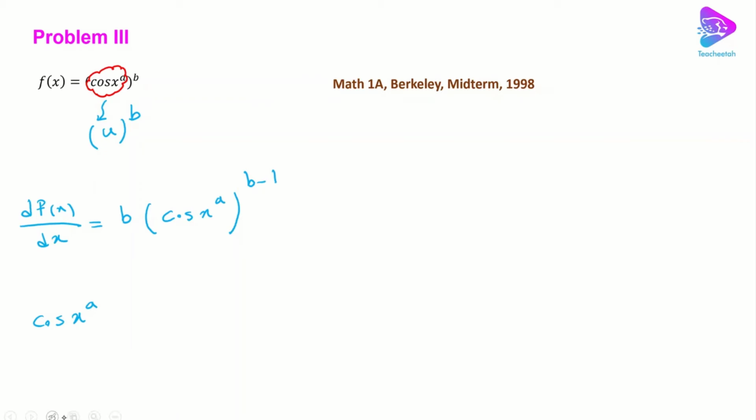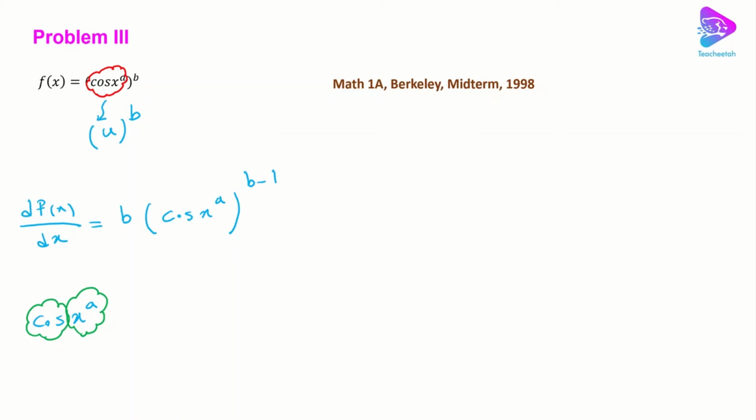For this one, the outside function is cos, and the inside function is x to the power of a. To take the derivative of this, we take the derivative of the outside function first and then multiply it with the derivative of the inside function.